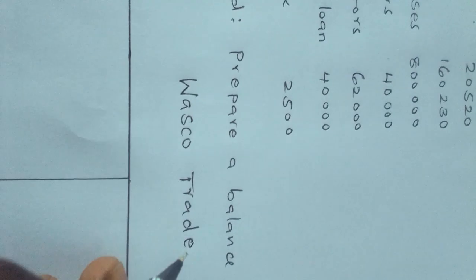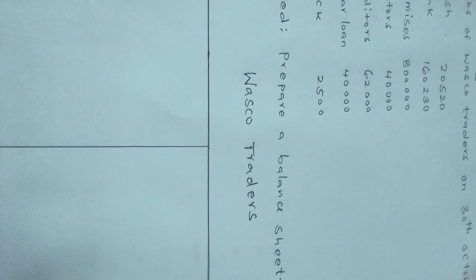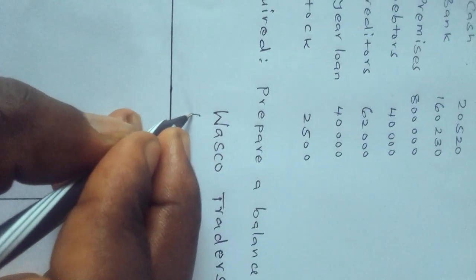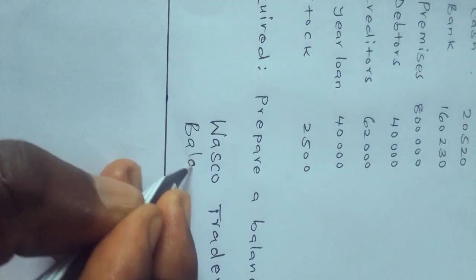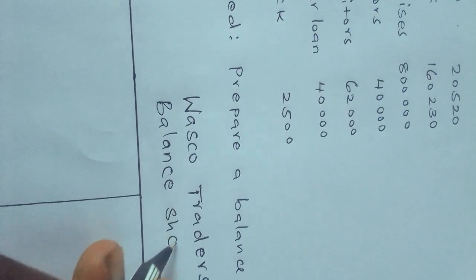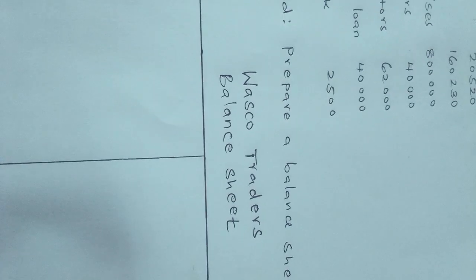From there you write the words balance sheet. And then you write the date here as at 31st October 1995.